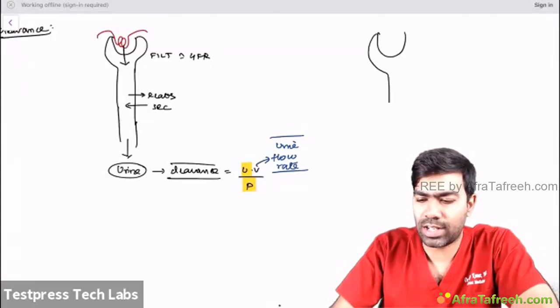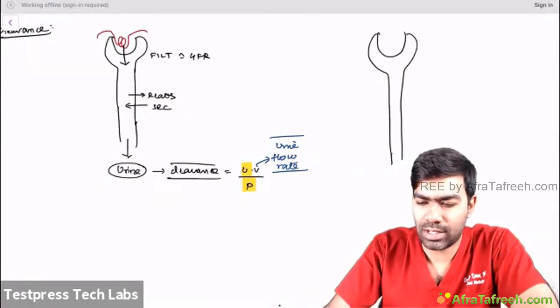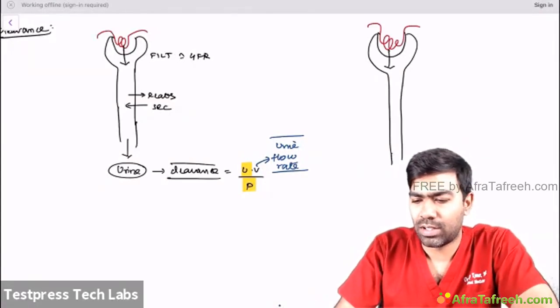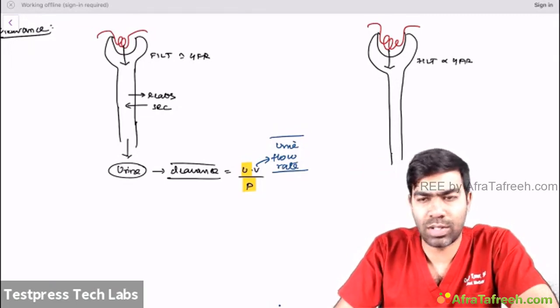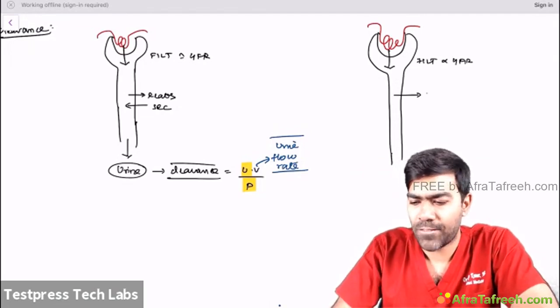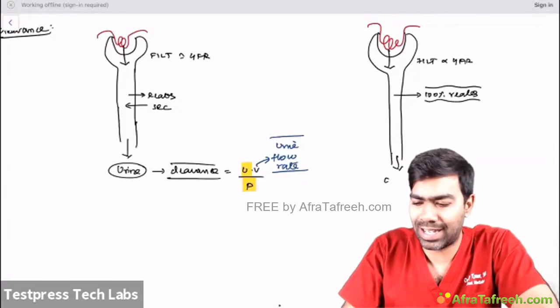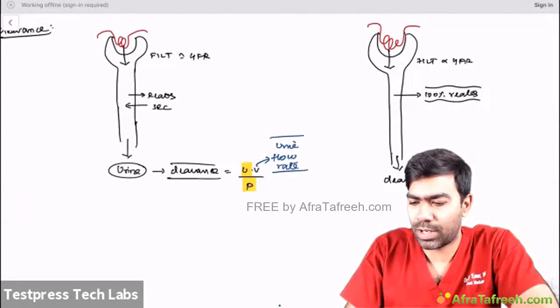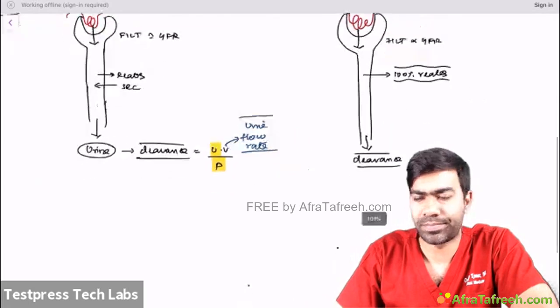And when you take a second example, let us assume there is a substance that is getting filtered. Of course, that filtered substance is proportional to the GFR. How much is getting filtered will be proportional to the glomerular filtration rate. And if it's 100% reabsorbed, what will be the clearance of that particular substance?